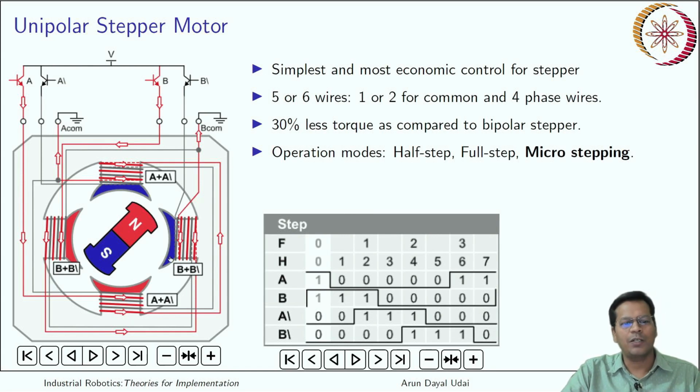Similar is the connection for B and B bar, which controls the horizontal pole shown here. That will control the current in clockwise and counterclockwise direction, and will make the polarity reversal in these two poles. Okay, so you have four different poles, two pairs of two.